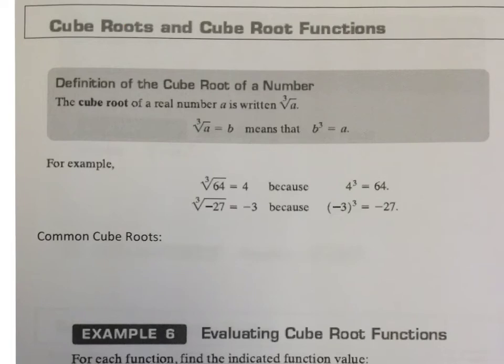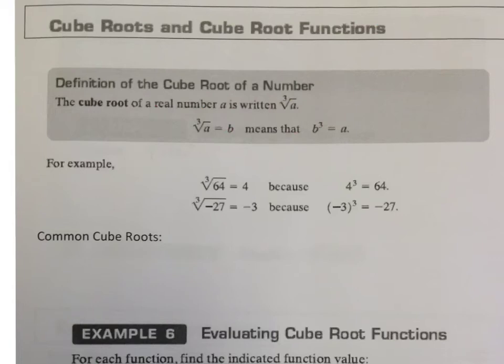All right, cube root and cube root functions. So the definition of a cube root: the cube root of a real number a is written as cube root of a, and the cube root of a equals b means that b cubed equals a. So it's similar to the definition of square root.